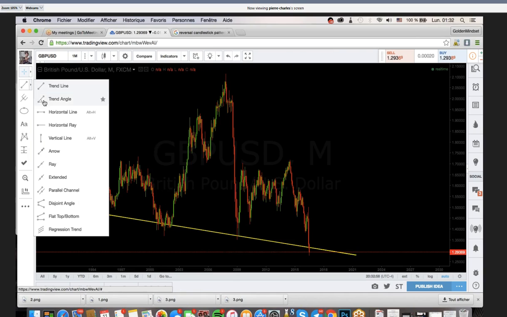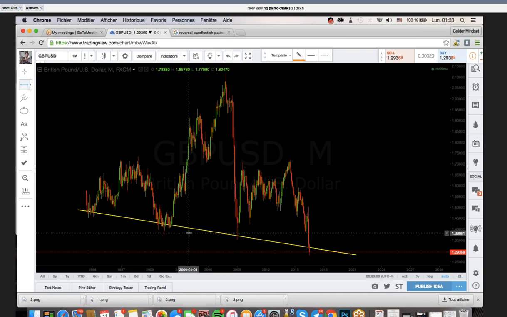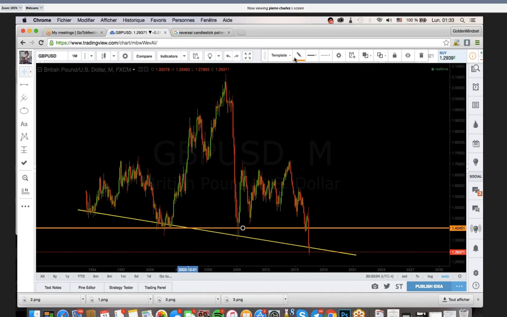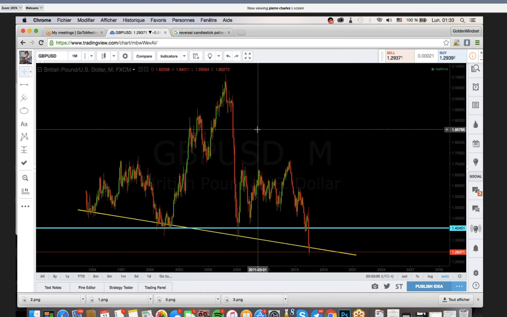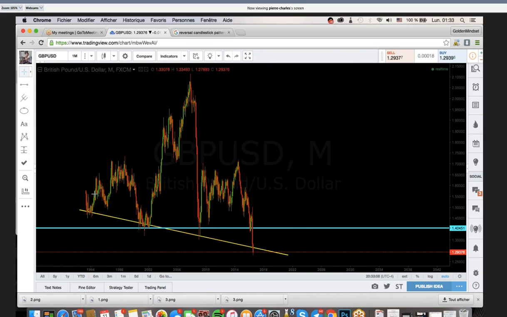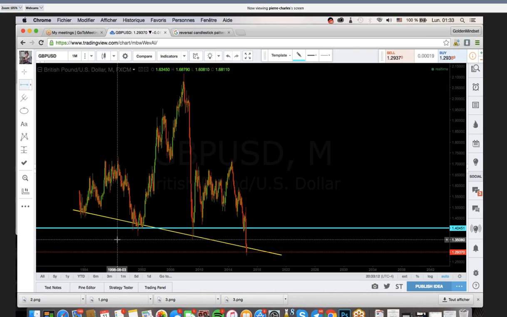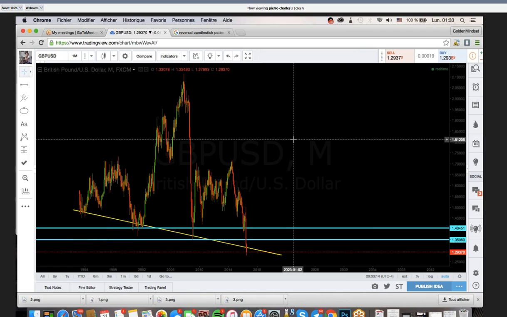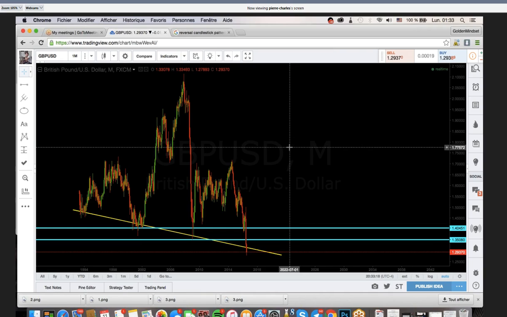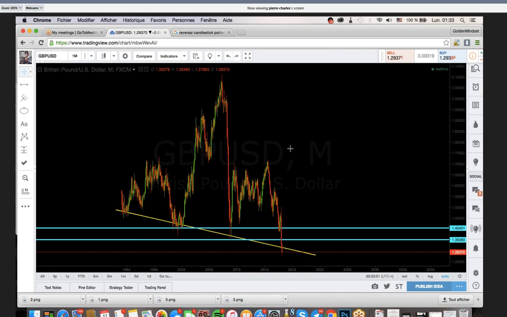Plus, now we're going to add a level. There's a monthly level, and the lowest low was there. And it's gone. Whoever is trying to catch this falling knife right now is playing a dangerous game.